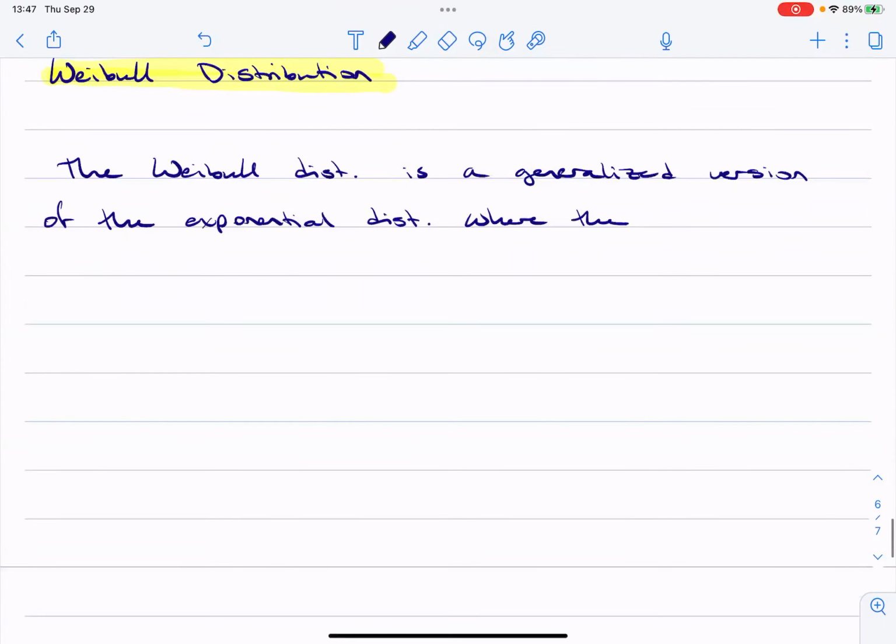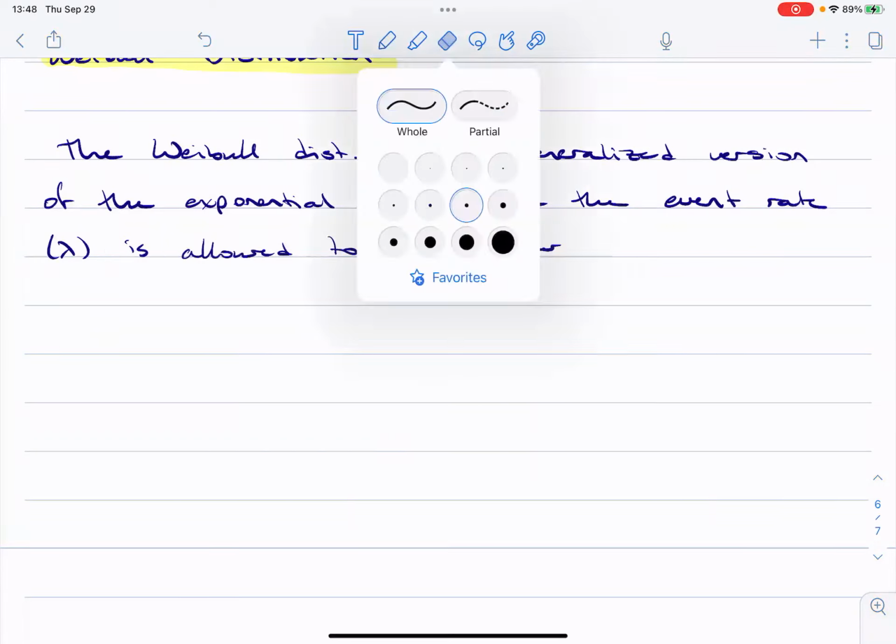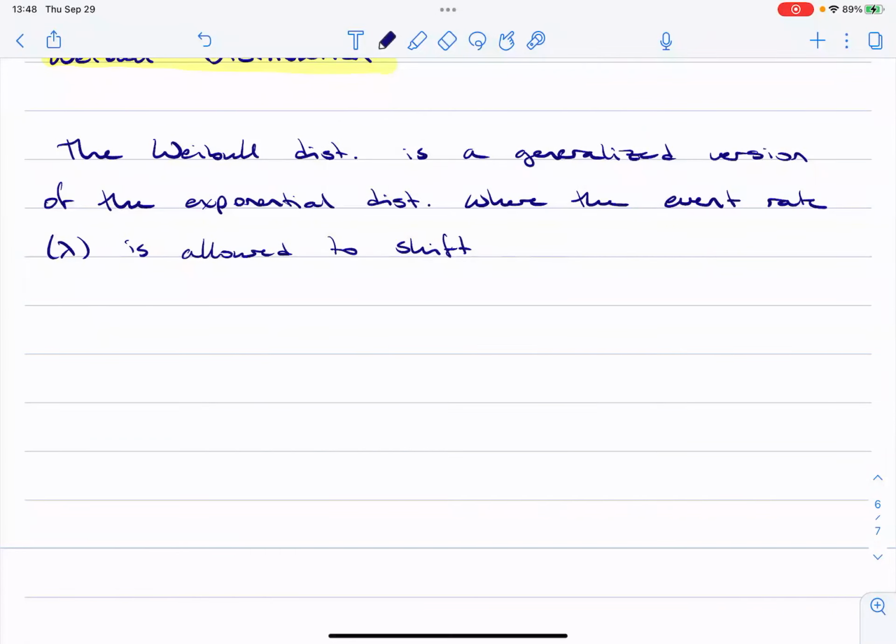Where the event rate, which is lambda, is allowed to shift over time or space. Over time or space, but usually it's about time, right?